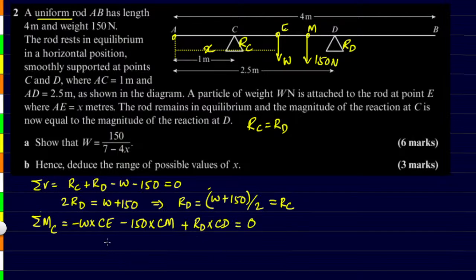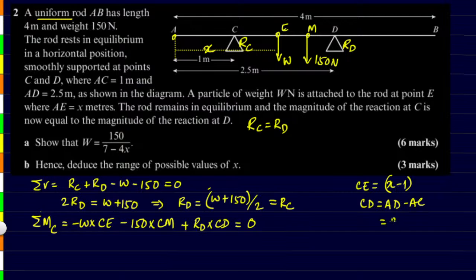Now we need to solve it. So what is the CE distance? CE distance is x minus 1. And CD distance will be AD minus AC.